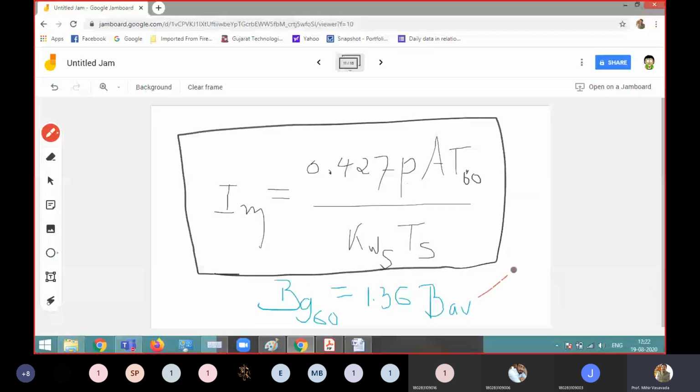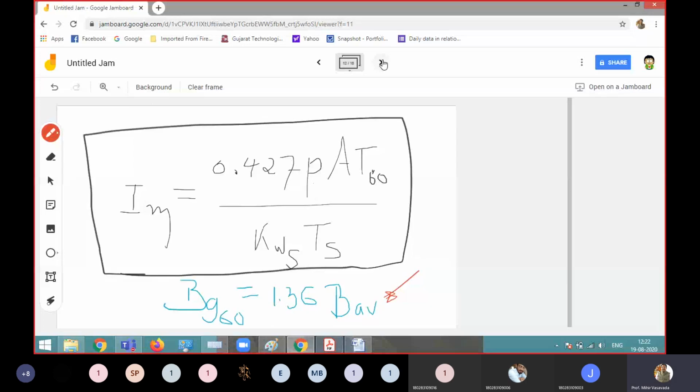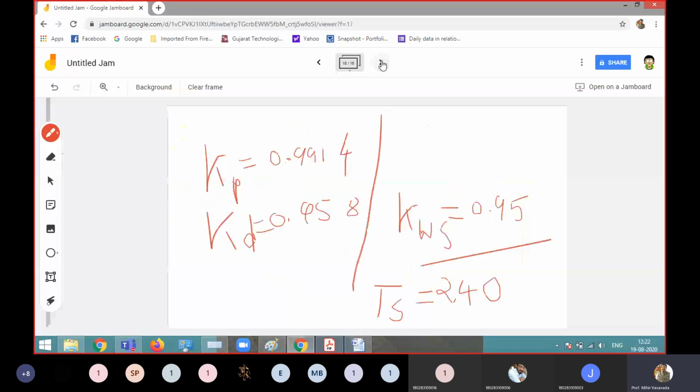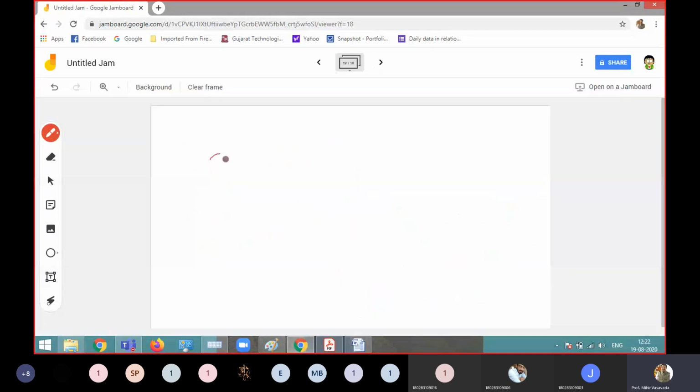And B average by definition is your flux divided by area. Right. So for that we need to find out first flux. So in order to find out flux, what is the equation of flux we are using? We are considering with EMF equation. So can anybody give me the equation of flux?